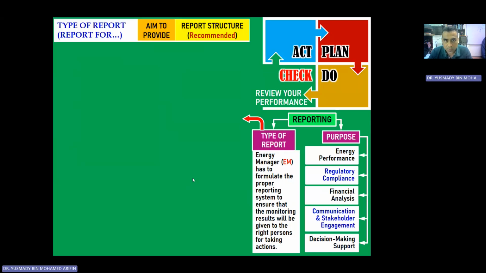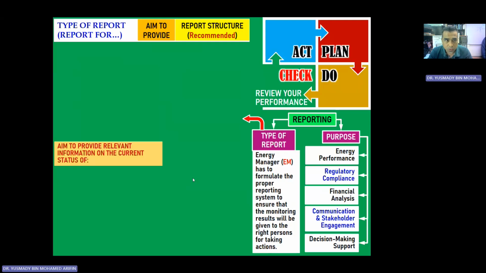Okay, so in this table, I will show you that for different positions, we need to submit different types of report. So in this table we will have a type of report column, which is the report for a certain position, the aim, which is the aim of the report for a specific position, and also what kind of report structure is recommended for the report.